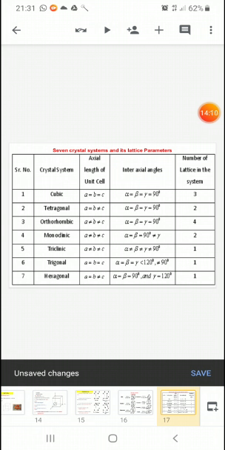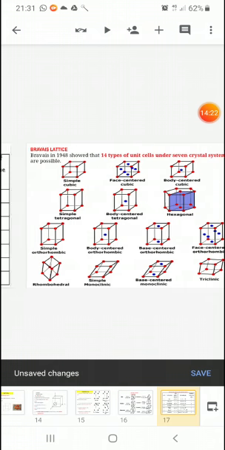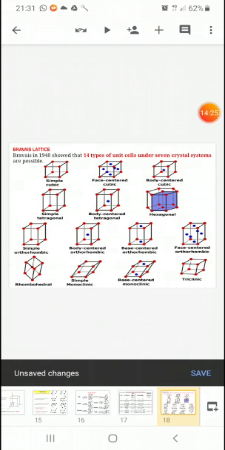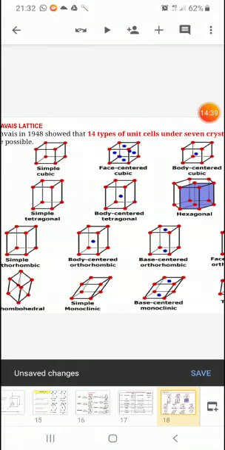There are total 14 Bravais lattices under the 7 systems, that is the simple cubic, face centered cubic, body centered cubic, simple tetragonal, body centered tetragonal, hexagonal, simple orthorhombic, body centered orthorhombic, base centered orthorhombic, rhombohedral, simple monoclinic, base centered monoclinic. We have to see one by one.